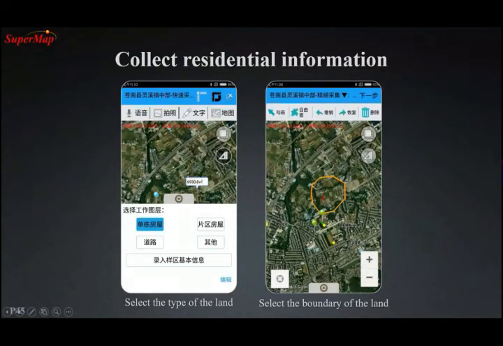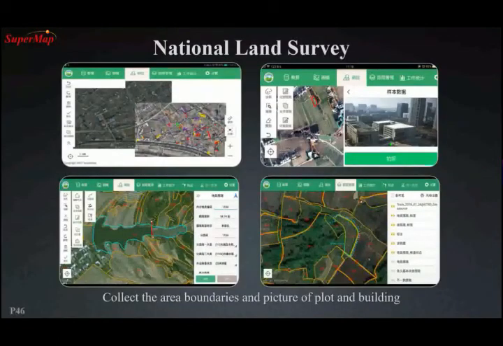And for some national land survey project, the basic ability is to collect the area boundaries. And also for some area or some specific building, we can also capture it and upload the photo with the real location.